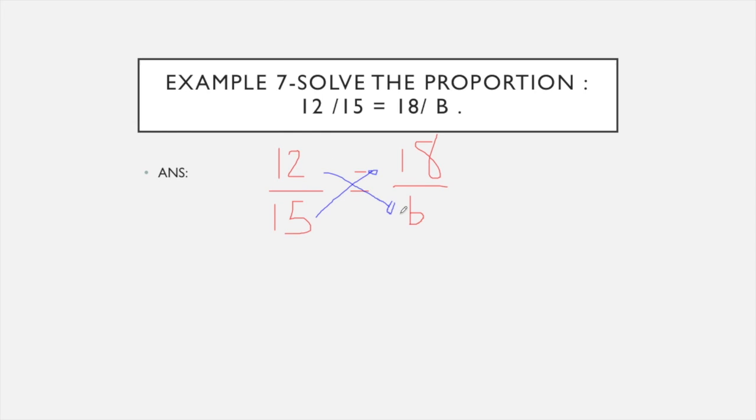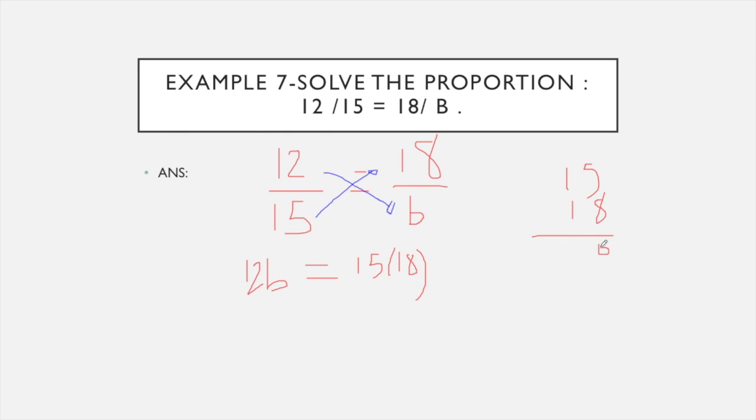So we'll do 12 times b, 15 times 18. So we know we'll get this expression here when we do those cross products. 15 times 18 is going to give us a relatively big number.